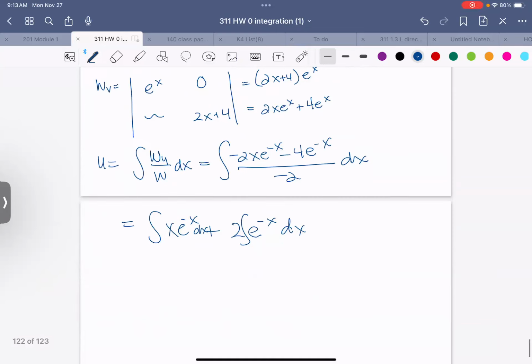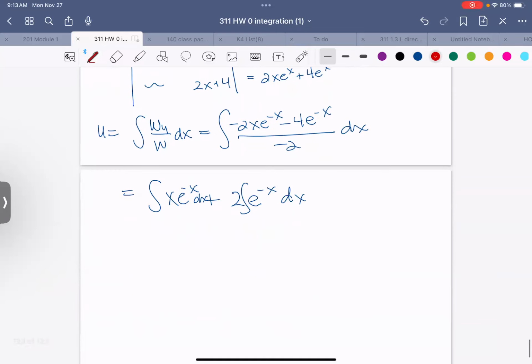Right? Okay. Now, this one is just going to be negative 2e to the negative x. This one, we're going to go by parts. So your u is equal to x, dv is e to the negative x, du is 1, v is negative e to the negative x.